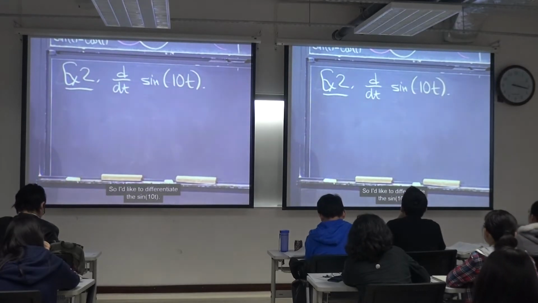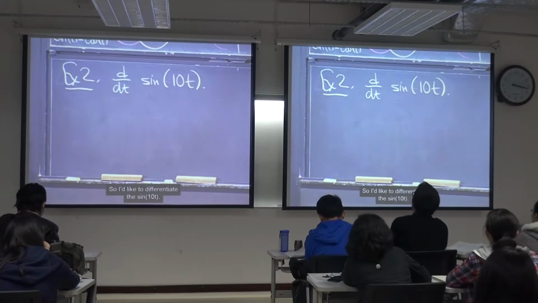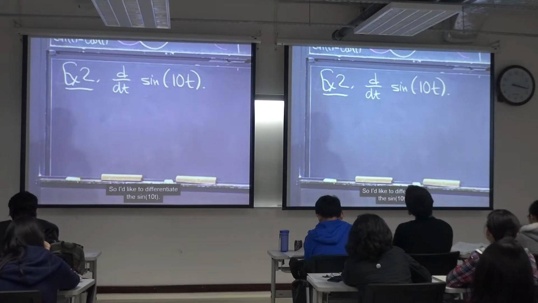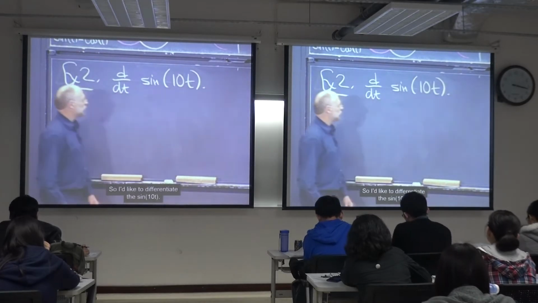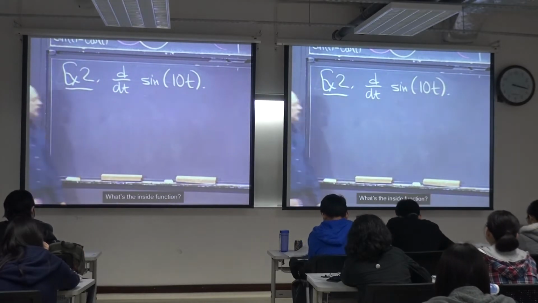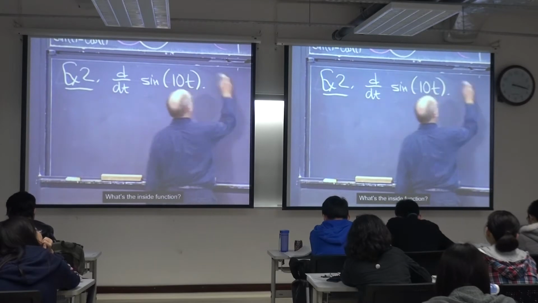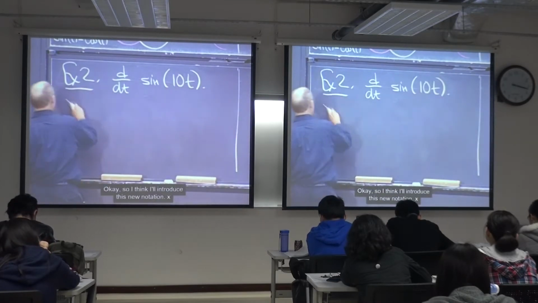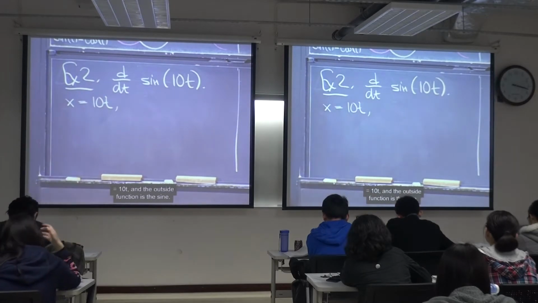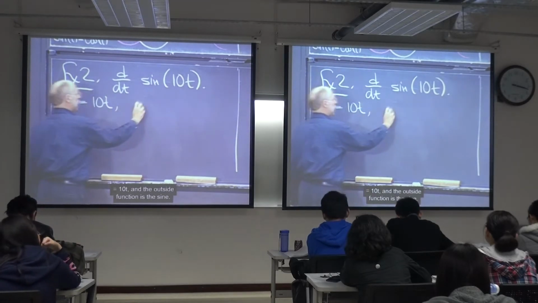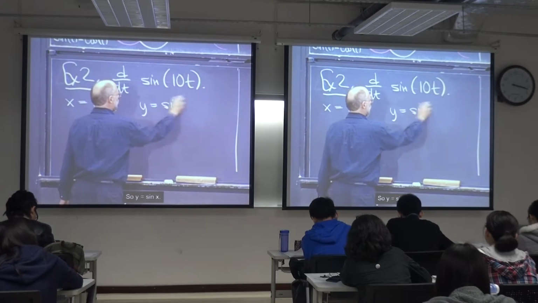So I'd like to differentiate the sine of 10t. Okay, so this is again a composite of two functions. What's the inside function? I'll introduce this new notation: x is 10t, and the outside function is the sine. So y is the sine of x.